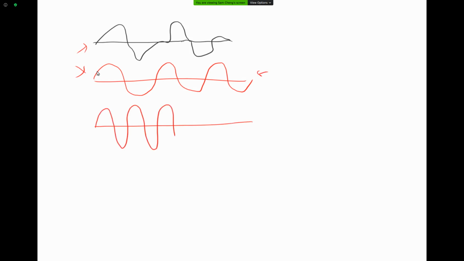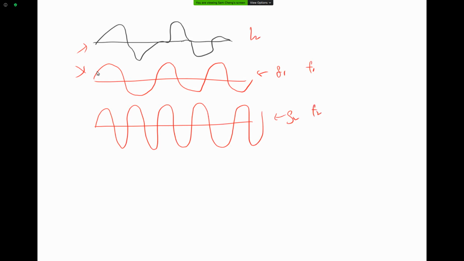Let's call the signal itself H, this one G1 with frequency f1, and this one G2 with frequency f2, and so on.